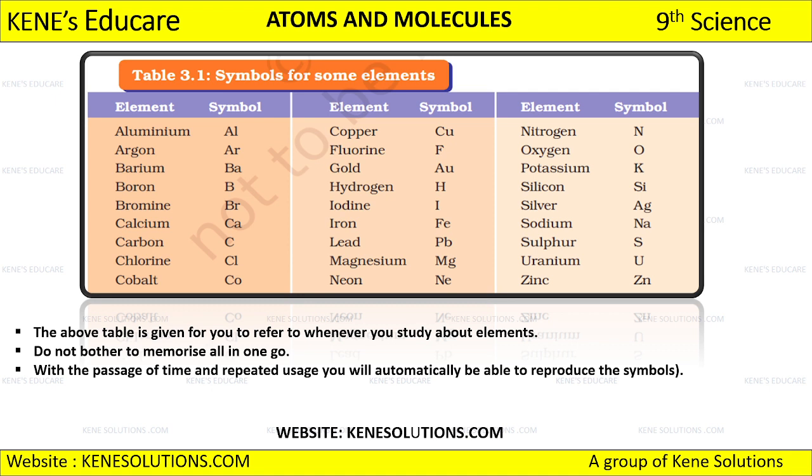I hope everyone is going through the elements, and as they have stated below, do not bother to memorize all in one go. Slowly and steadily you will learn. You will come to know the difference between calcium, carbon, chlorine, cobalt, and copper. Okay, just go through the table and you can even write a few of the important parts.